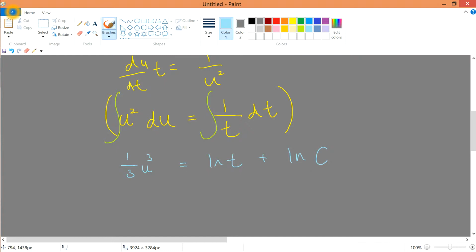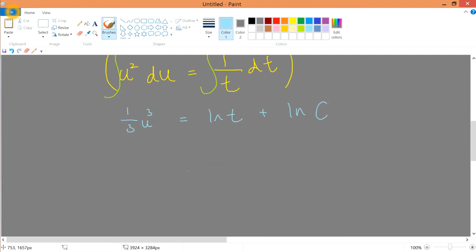Later on you'll know why. I highly recommend you remember this form. If it's in terms of ln t, you put in terms of ln c. If it's in terms of e to the t, you put e to the c, something like that. It should be fine, right?